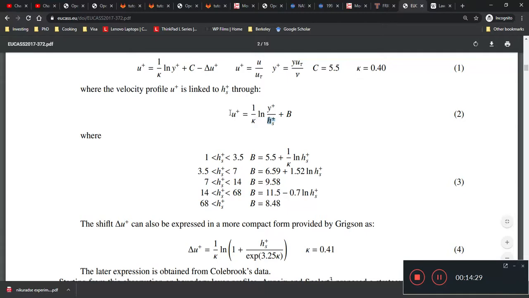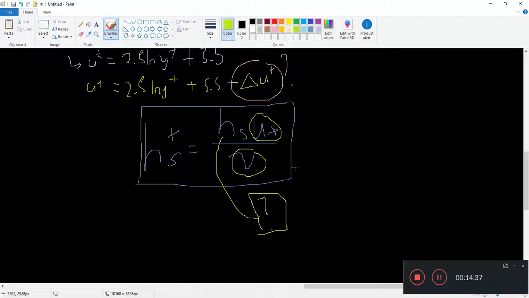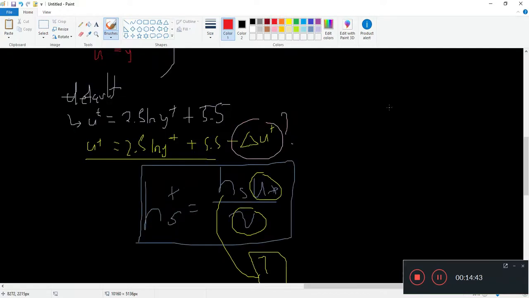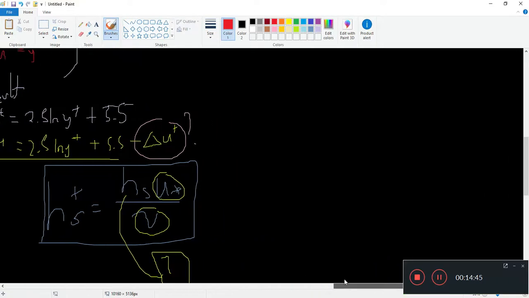So we have u plus as a function of y plus, but hs plus also comes in. Then we have an extra b over here. So it is not exactly the same as this form, but it is an empirical correlation.